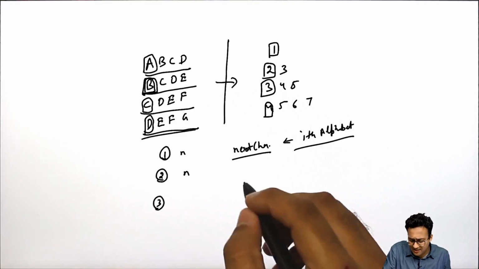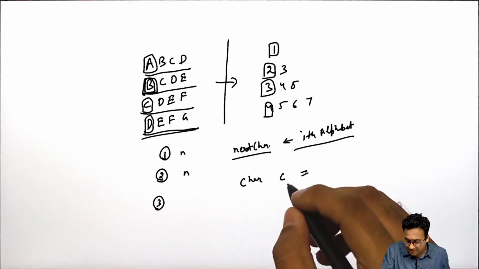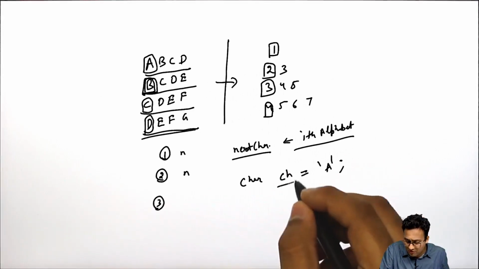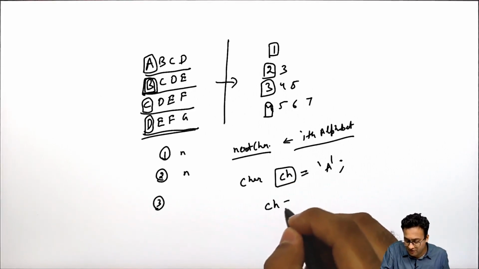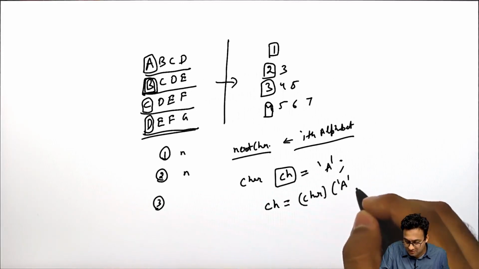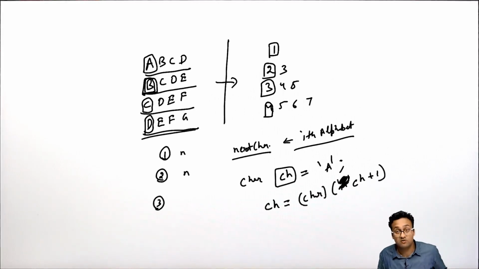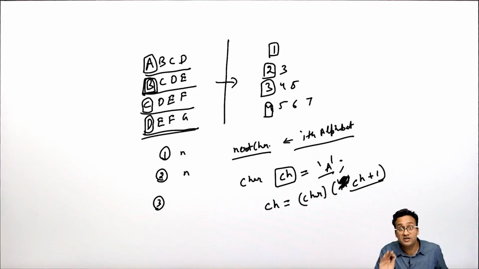So let's say I have a character, let's say CH, which contains character A, and I want to move CH to the next character. I think that's very straightforward. What you can do is you can simply write, sorry, not A, but CH plus 1. What this will do is, CH is a character, CH plus 1 will give you the next ASCII value.